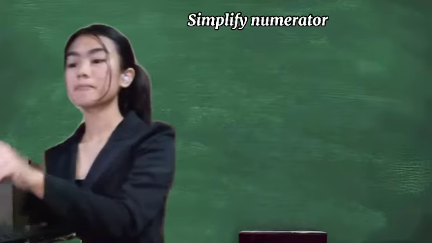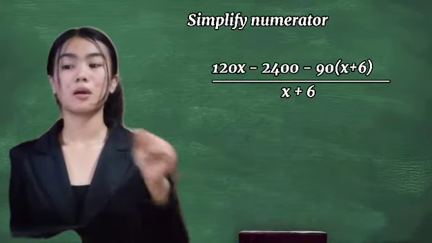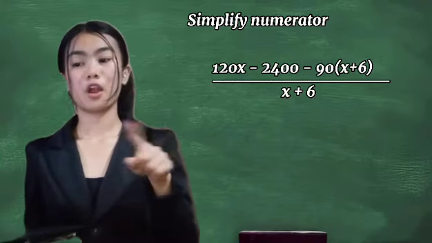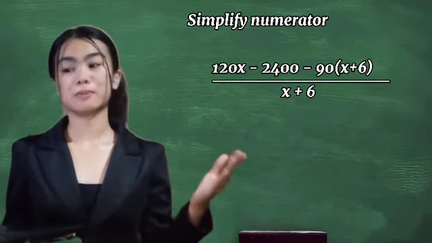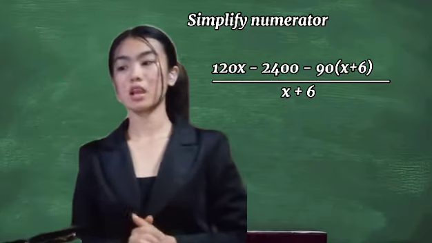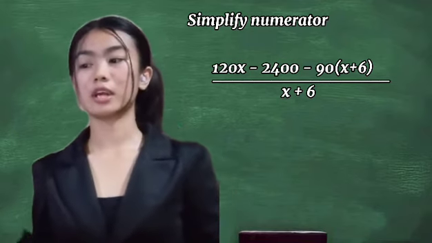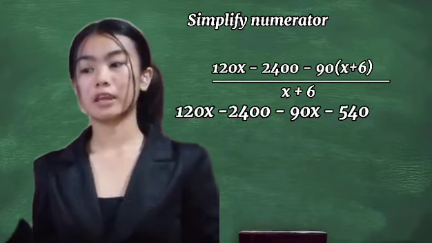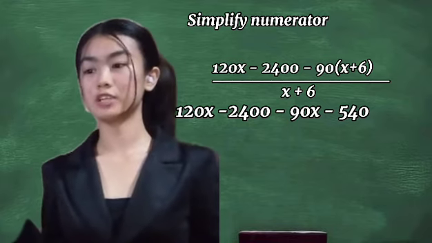Next, let us simplify the numerator. Copy 120x minus 2,400 and solve for negative 90 times (x plus 6). Negative 90 times x is negative 90x, and negative 90 times 6 is negative 540.